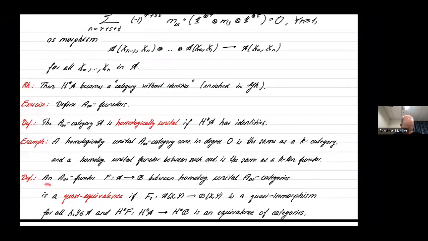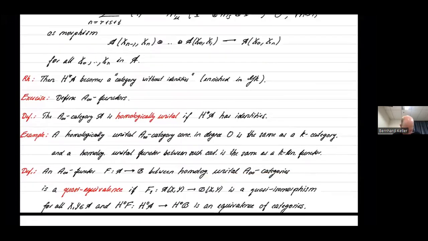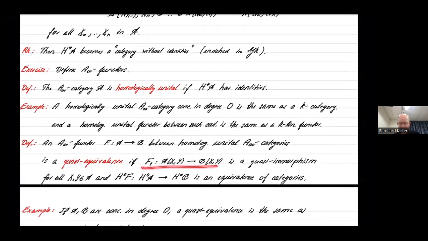Now we look at A-infinity functors between homologically unital A-infinity categories. And we say that such a functor is a quasi-equivalence if its first component induces quasi-isomorphisms in the morphism spaces, morphism complexes, for all objects x and y. And so this is the quasi-fully faithfulness.